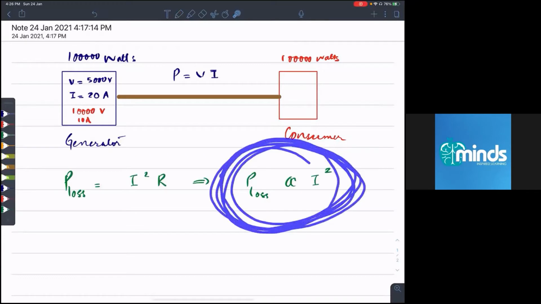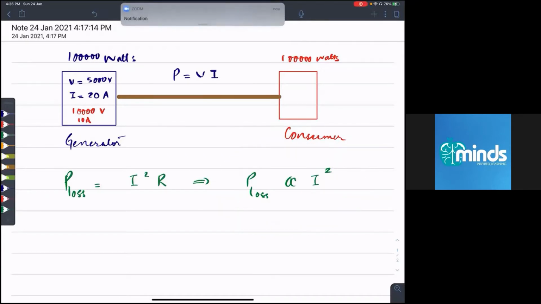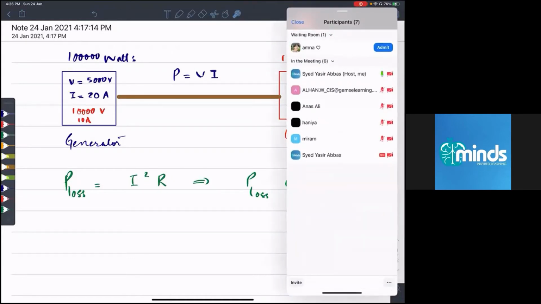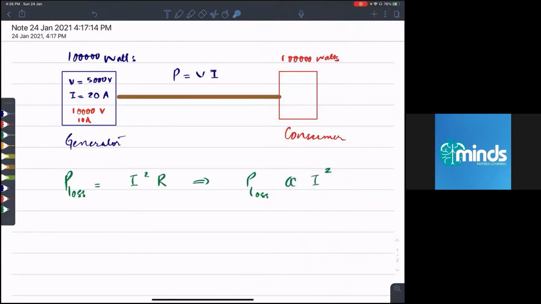So when we halve the value of current, the power loss becomes 1/4. So if I transfer electricity under the condition of high voltage and low current, I can minimize the power losses. How many of you are getting this idea? To minimize the power loss, potential difference should be more and more and current should be less and less. Yes, Miram, Alan, are you getting it?